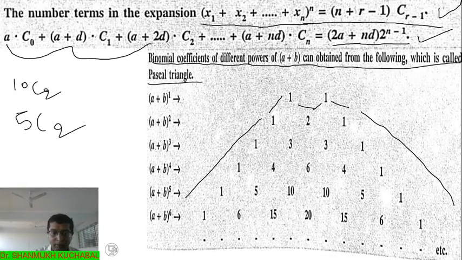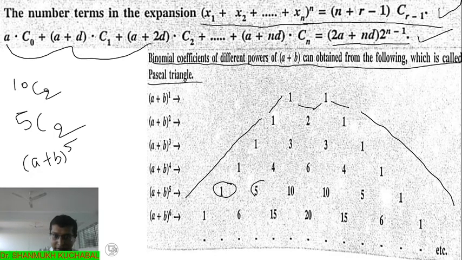Suppose we have (a + b) raised to 5. Then we write the binomial expansion with these constants.